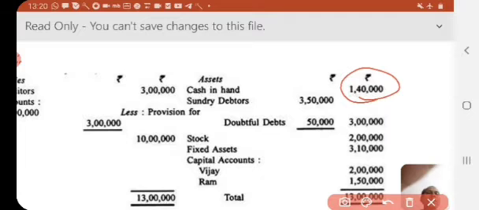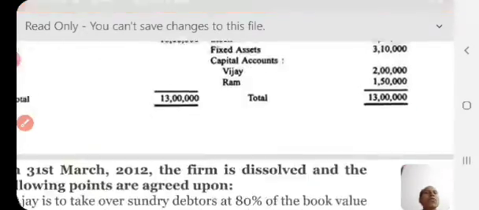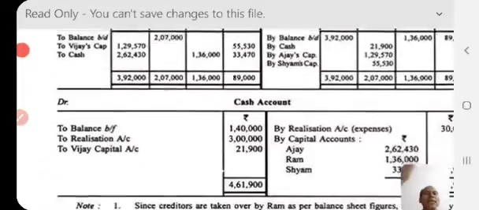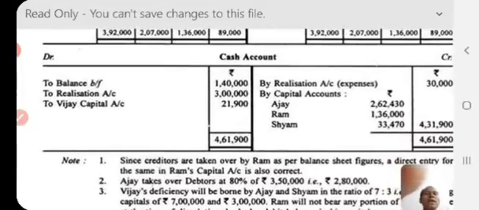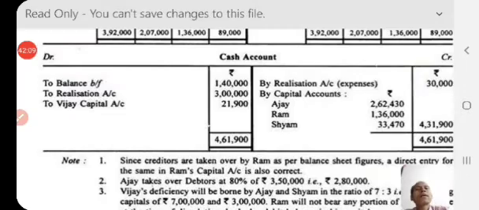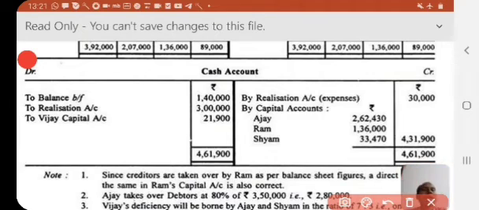Okay, now 1,40,000 is the cash balance, the starting cash balance. It is recorded here. This is the starting balance.